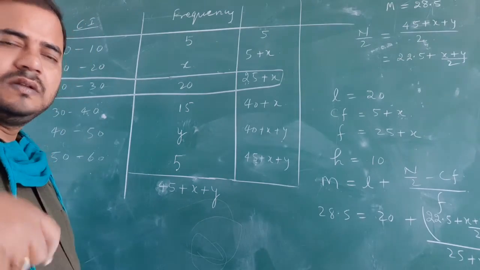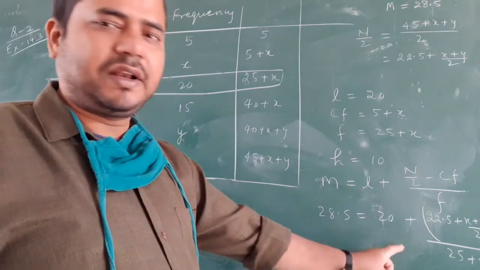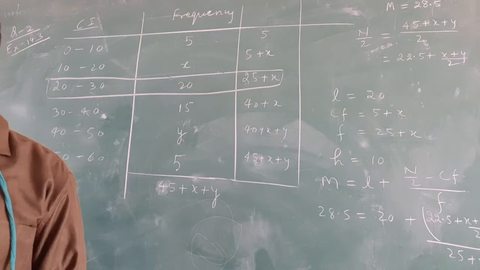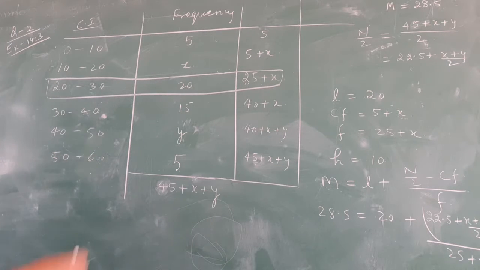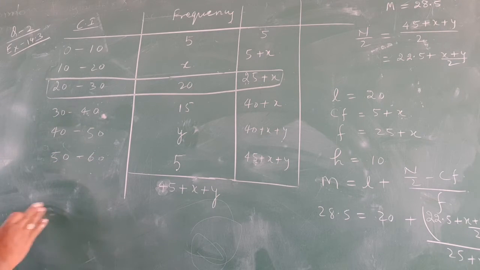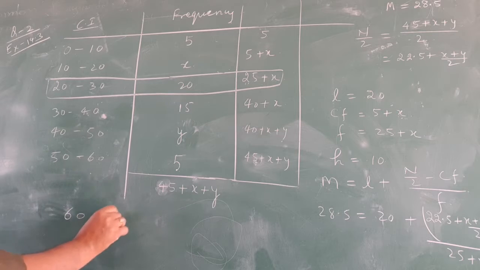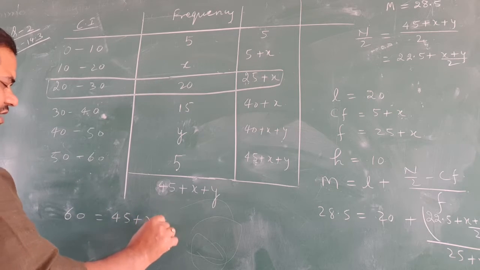So from this equation you will get one equation in x and y, and another equation is that the sum of frequencies is 60. That means 60 is equal to 45 plus x plus y.